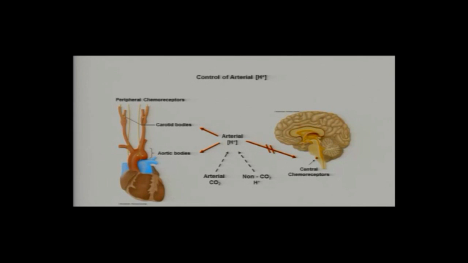What's detecting hydrogen and not CO2? Yes. So the central chemoreceptors are going to be completely unresponsive to metabolic acidosis. And for a respiratory acidosis, both receptors are going to be lighting up like crazy.